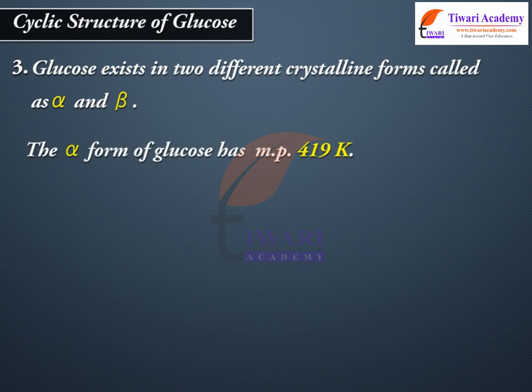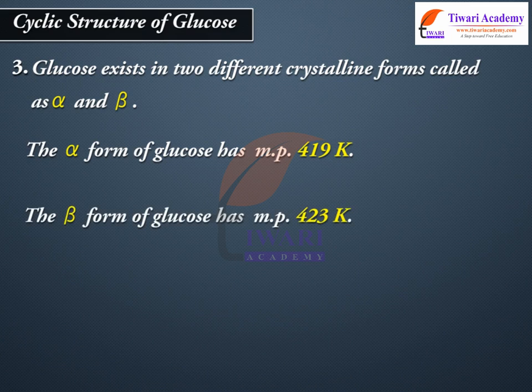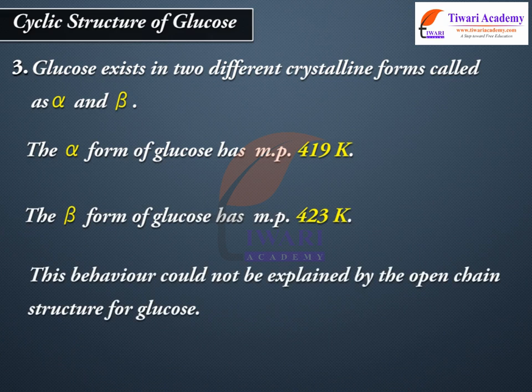The alpha form of glucose has melting point 419 K. The beta form of glucose has melting point 423 K. This behavior could not be explained by the open chain structure for glucose.